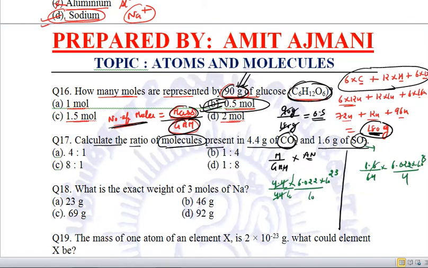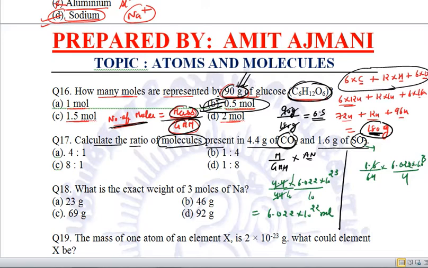So now in 1 mole of carbon dioxide we have 6.022 into 10 power 23 divided by 10, or we can also write it as 6.022 into 10 to the power 22 molecules.